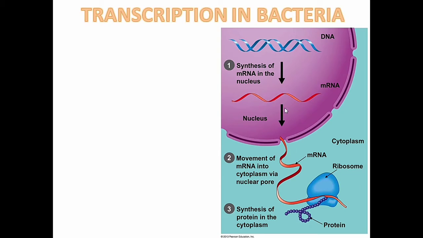After transcription, the mRNA comes out to the cytoplasm. In the cytoplasm, protein synthesis takes place. That is, translation takes place in the cytoplasm and transcription takes place in the nucleoplasm.